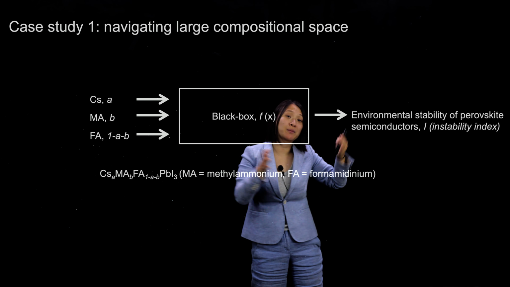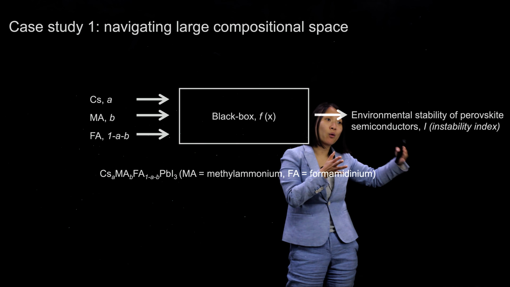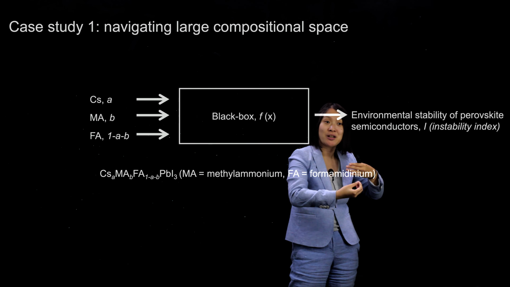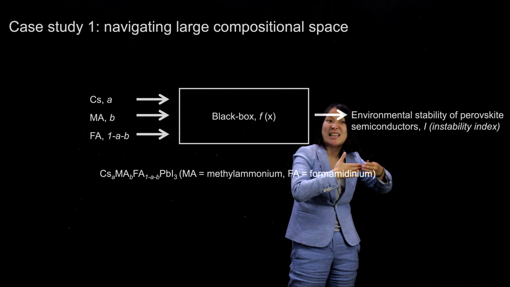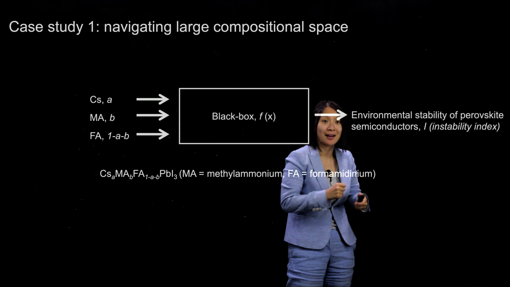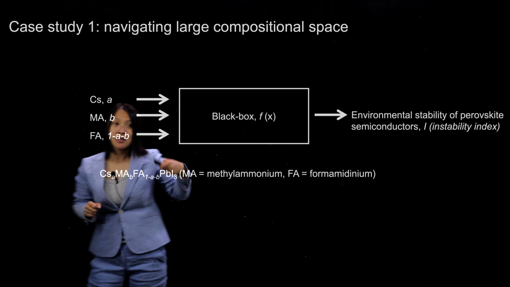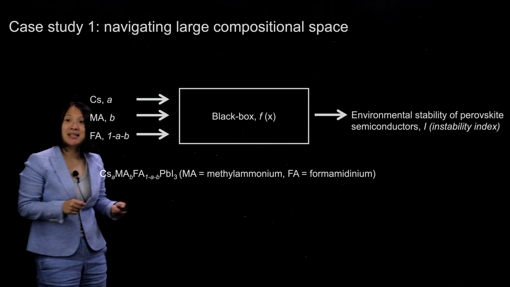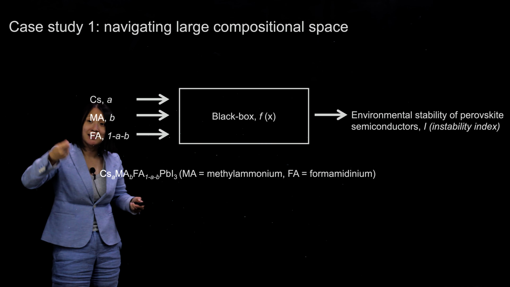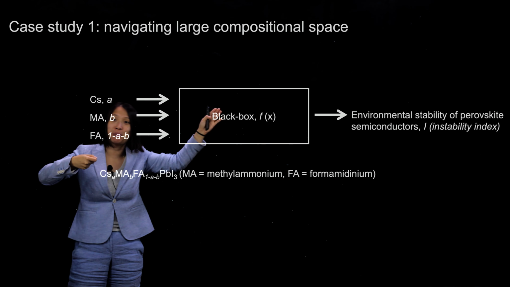In other words, we experimentally measure when our perovskite semiconductors degrade, and that gives us a metric of how unstable they are under a hot climate and also a humid climate. So this is our optimization challenge, which is to find the optimal composition that leads to the most stable perovskite semiconductors.